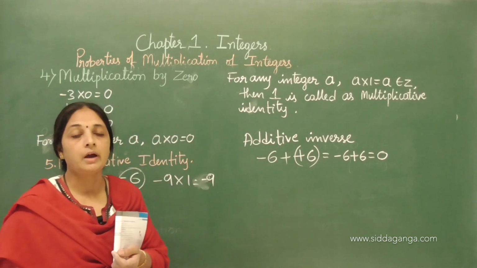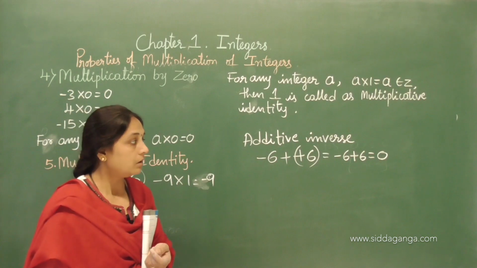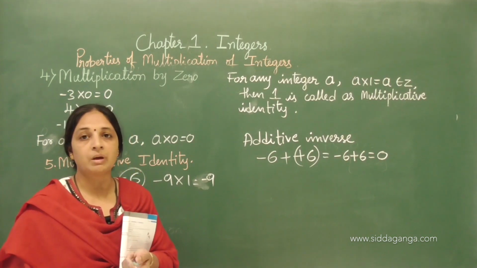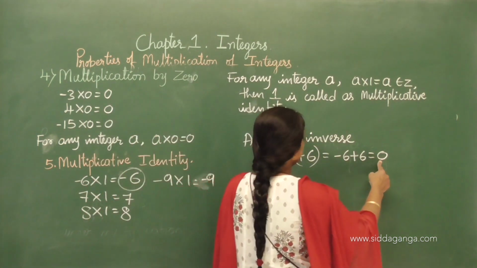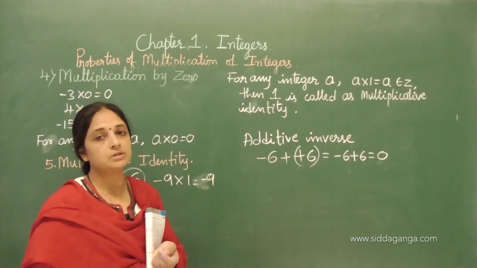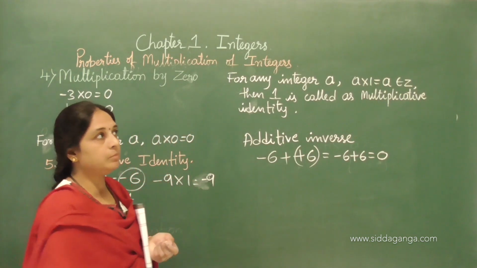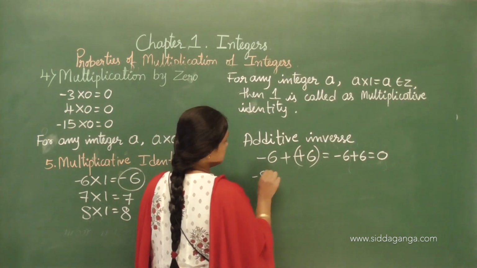When we add two numbers and get 0 as the sum, then that number is called the additive inverse. Then the question will be asked like this: what is the additive inverse for -8?